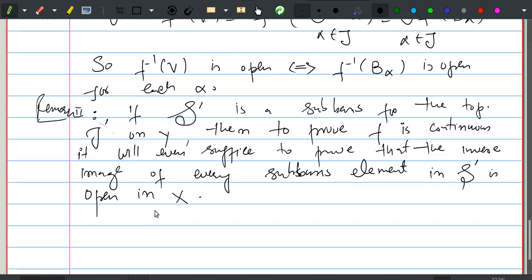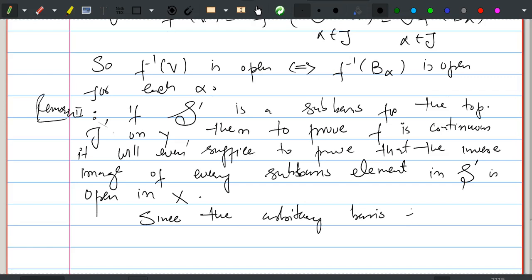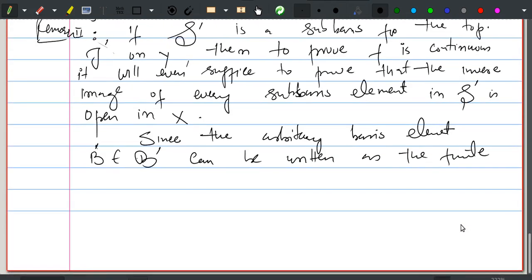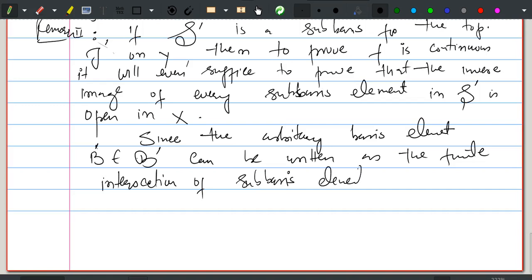The reason for this, since an arbitrary basis element B prime in this fancy B prime can be written as the finite intersection of sub-basis elements, say S1 through Sn.